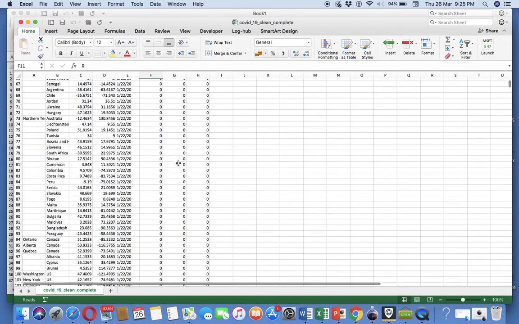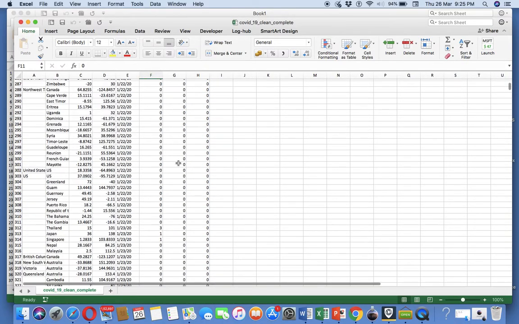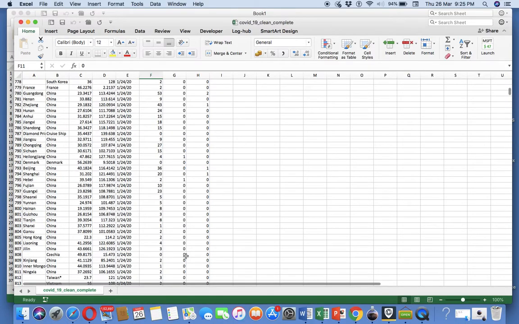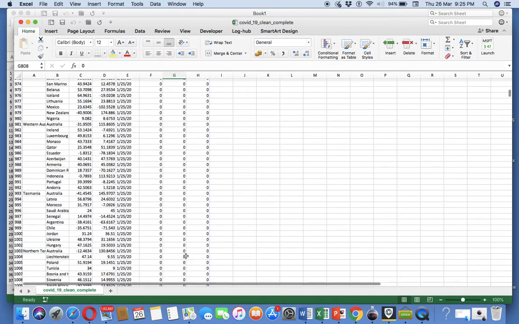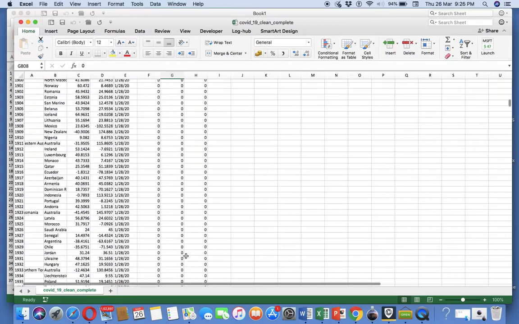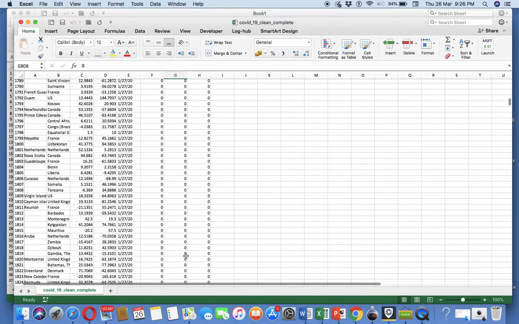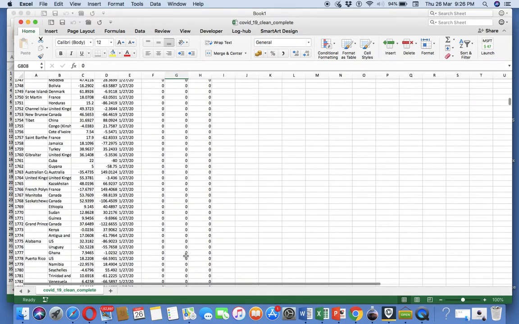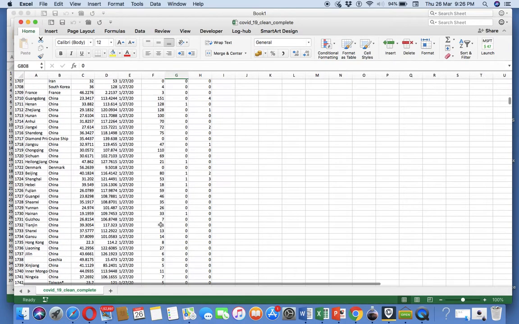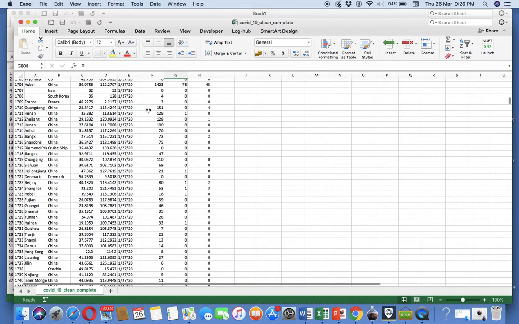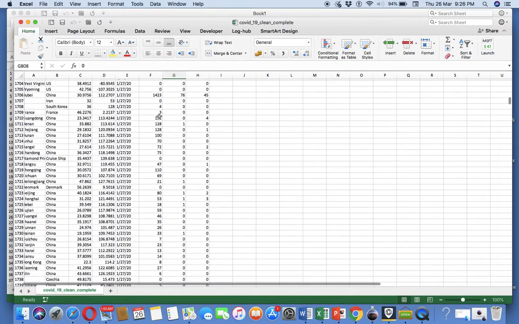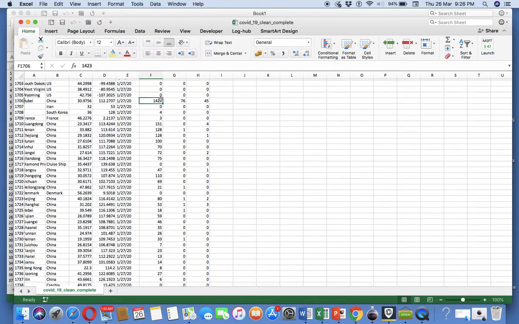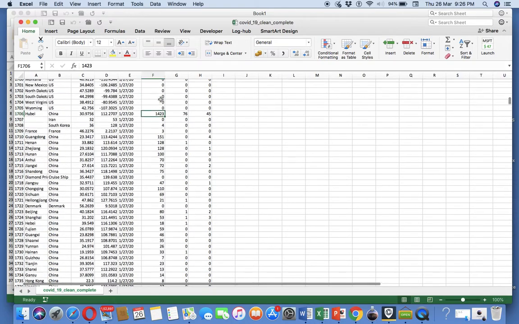So there will be all zeros in the initial phases of the data. As the data progresses, you can see the number of deaths initially were not very high. So I'm just giving you an example of a random variable. You can see there's some spurt in China, the beginning of it was from 27th of January.